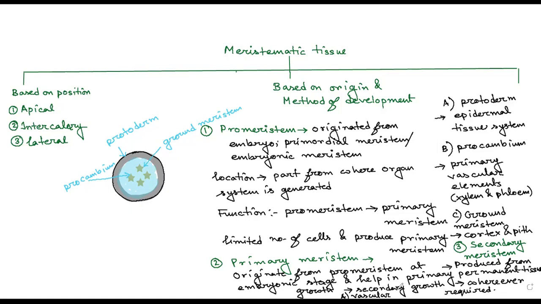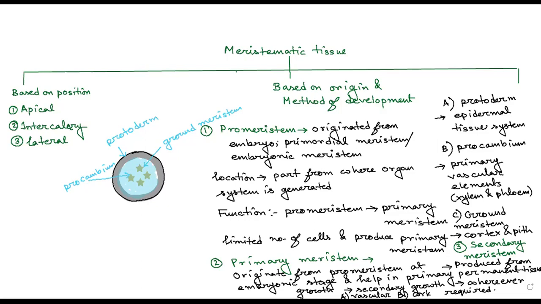As the name suggests, it is responsible for development of secondary vascular tissue, that is secondary xylem and secondary phloem. And second is cork cambium. Cork cambium is the part which is responsible for formation of bark. This bark that we see, that is actually the thing.